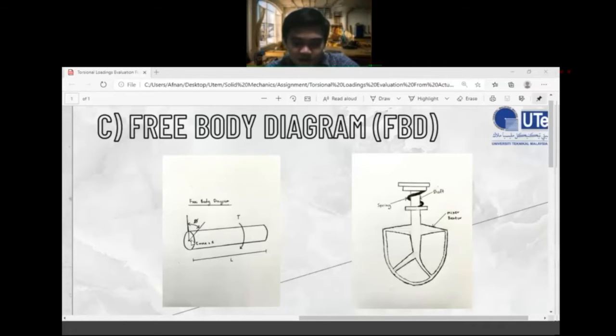The pulley will be our fixed end, whereas the mixer beater will be our free end. This is our shear max, or tau max, which is related to the radius of the shaft, and this is our length of the shaft. That's all for me, and I will pass the next part to Nazmi.